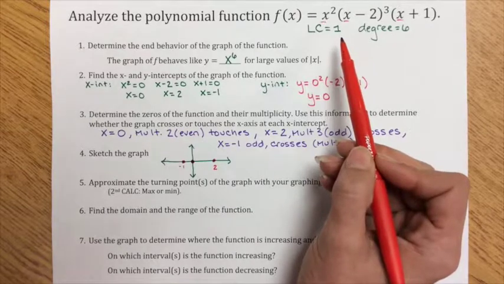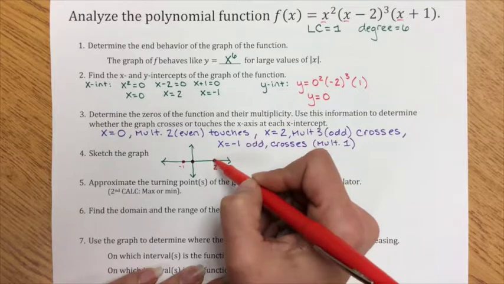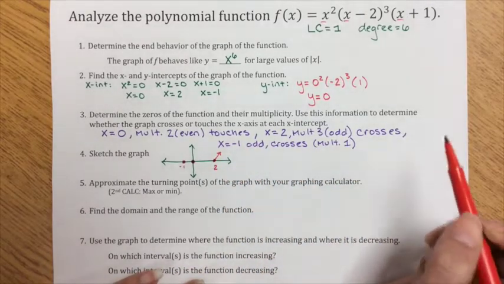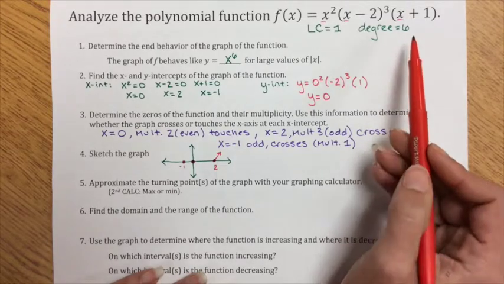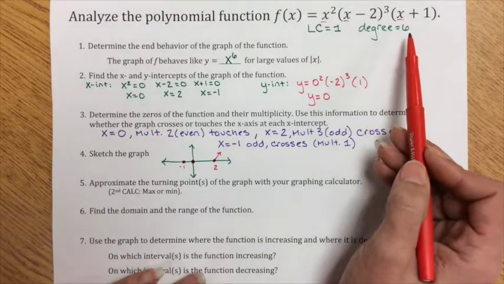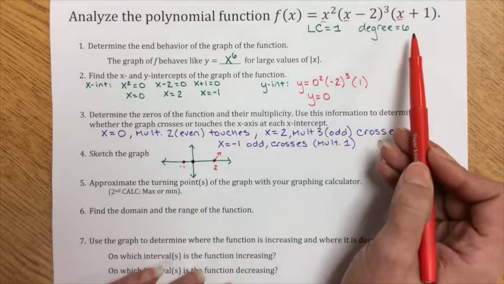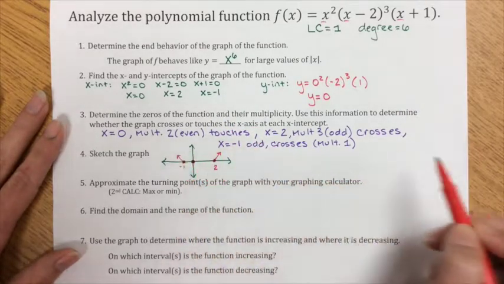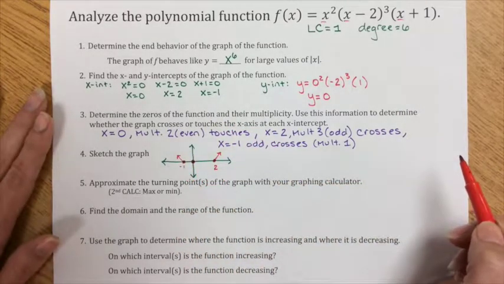Positive means that we rise on the very right side. So I'm going to give myself a little rise over here. With a degree of 6, we know that the far left side is going to do the same thing because the degree is even, meaning my end behavior is the same. So I'm going to come over here and give it a little up arrow as well.